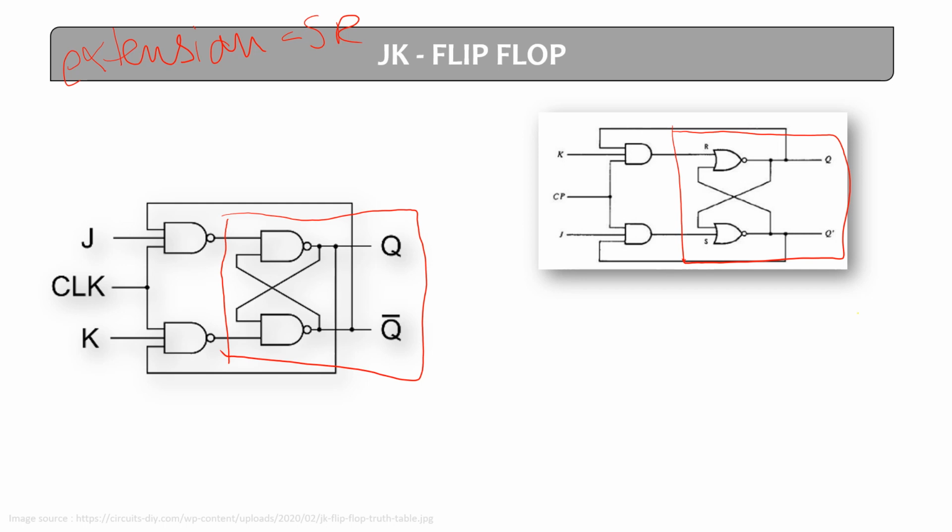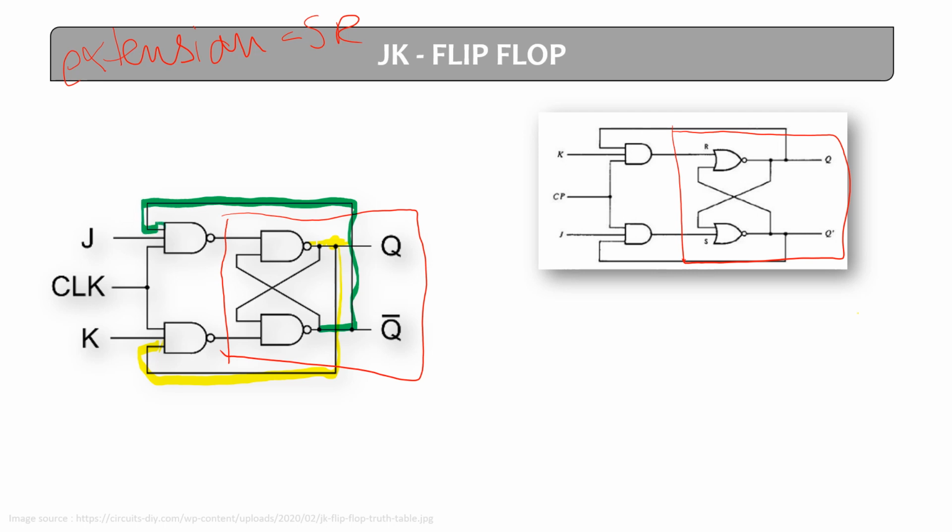So now let's understand what is actually happening with the JK flip-flop. Just see on the screen. We'll take the example of this SR flip-flop. When you are talking about the SR flip-flop, see this output. This output is going to be the input for the lower AND gate, and the output of the lower gate will be the input for the upper gate.